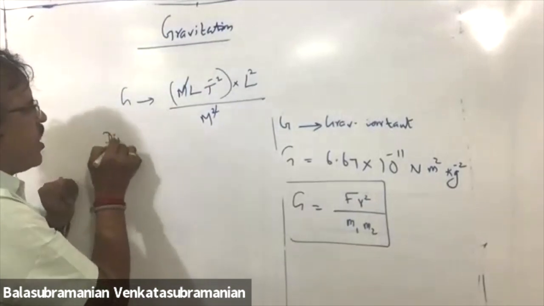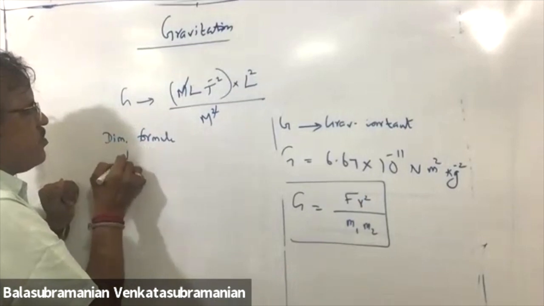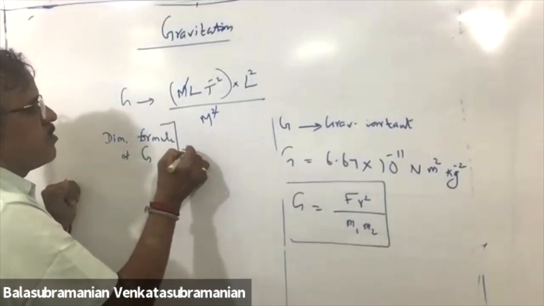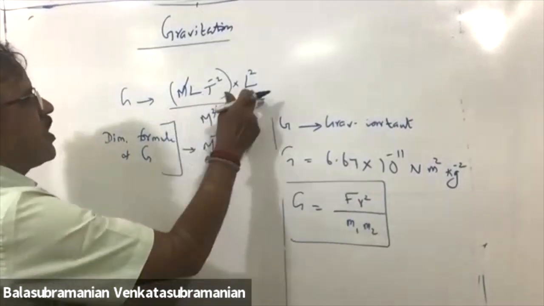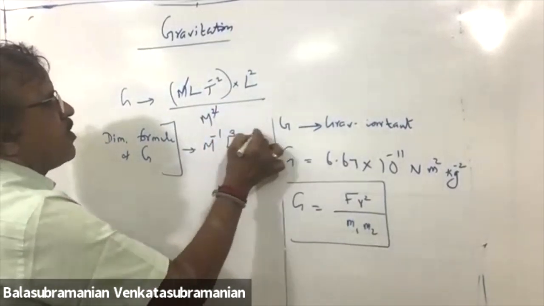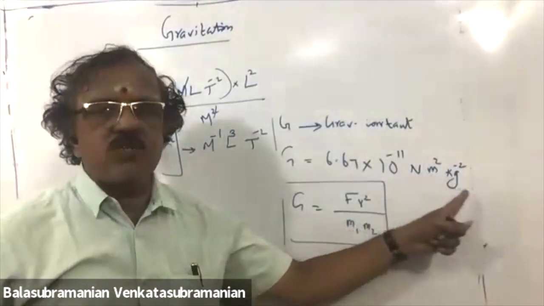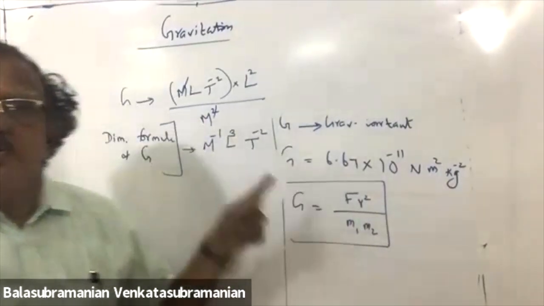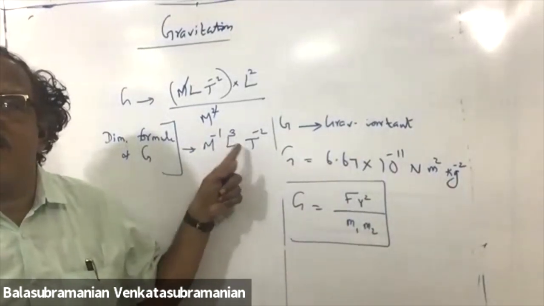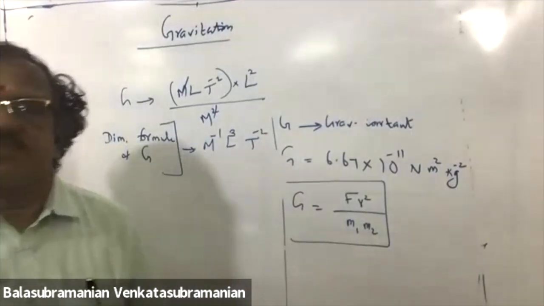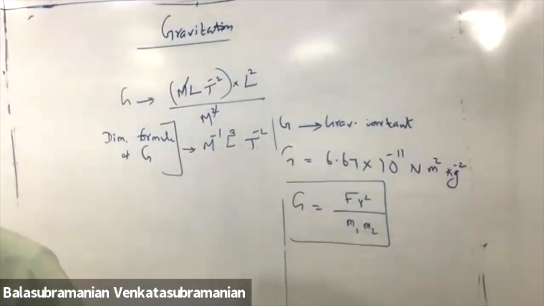So dimensional formula of G, take this M to numerator: M power minus 1, L cube, T power minus 2. SI unit is Newton meter square kilogram power minus 2. Dimensional formula of capital G is M power minus 1, L cube, T power minus 2. Correct? Okay.